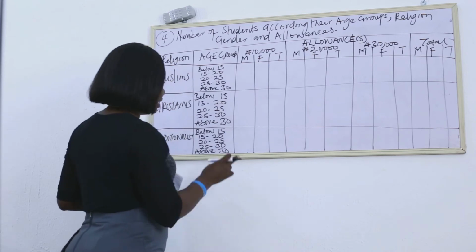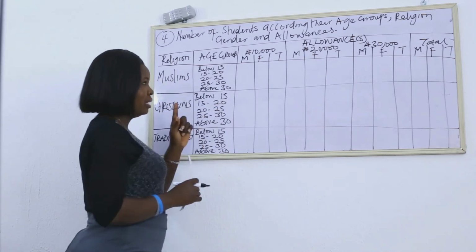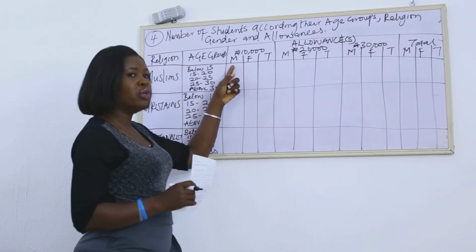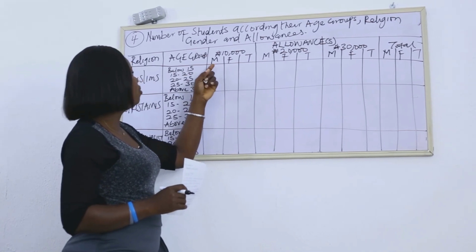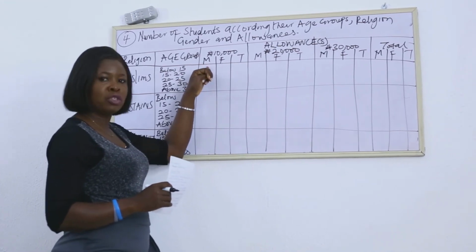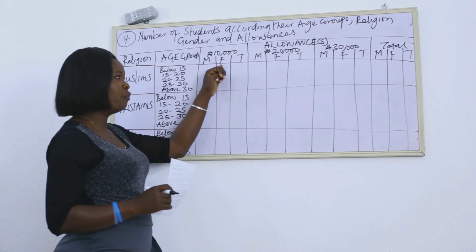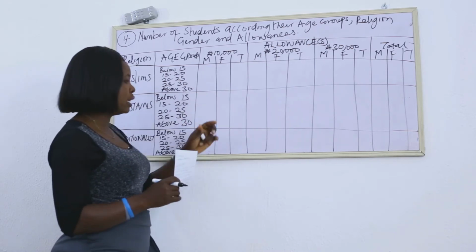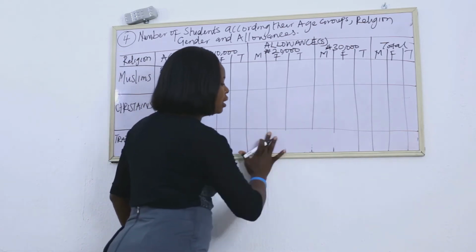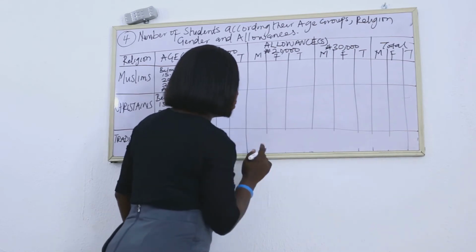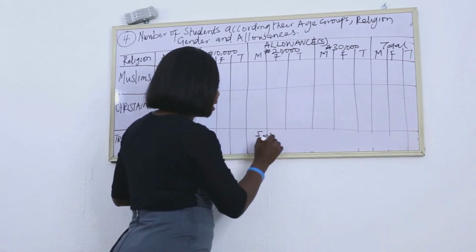Don't forget that we also mentioned something like footnotes. It is not everybody that would understand that M is equal to male, or F is equal to female, or T is equal to total. So you come to the bottom of your table and write footnotes.